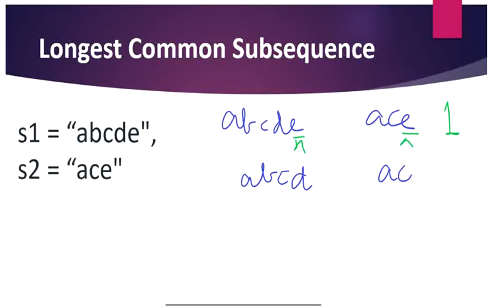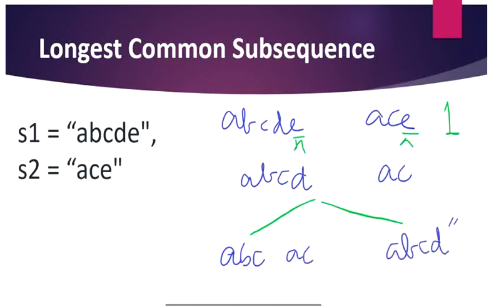These strings can also be written as A, B, C and A, C, or A, B, C, D and A. Now these substrings can be broken down in any of these forms, that is, cutting one character from this string or cutting one character from the other string. We check which of these substrings gives us the maximum subsequence.